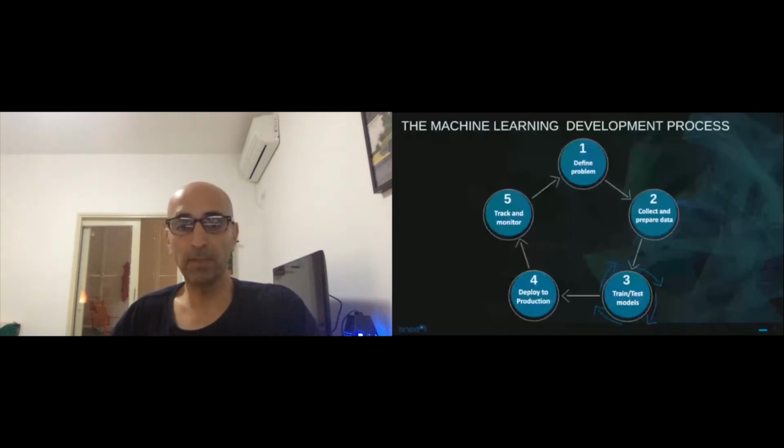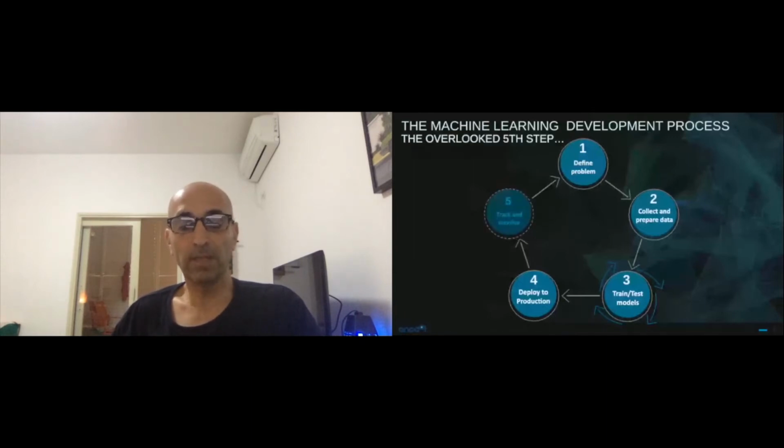So the 5th step is tracking and monitoring what's happening in production. And usually that step could lead to refinement of the models, refining of the data, and basically it's a loop that continues on and on and on.